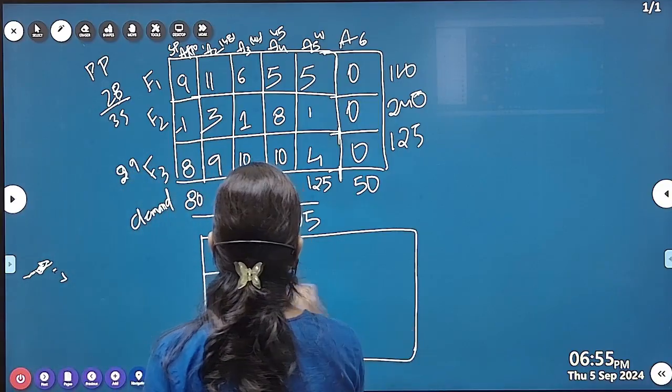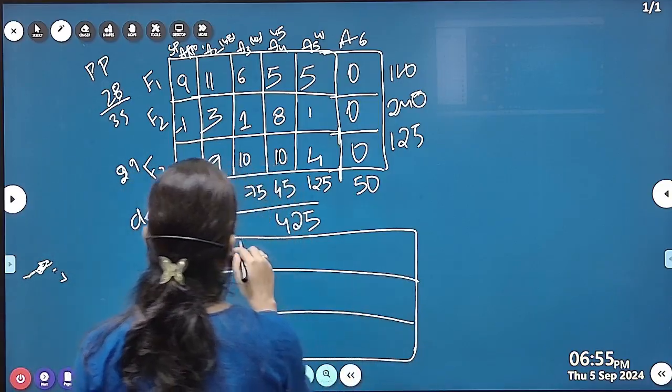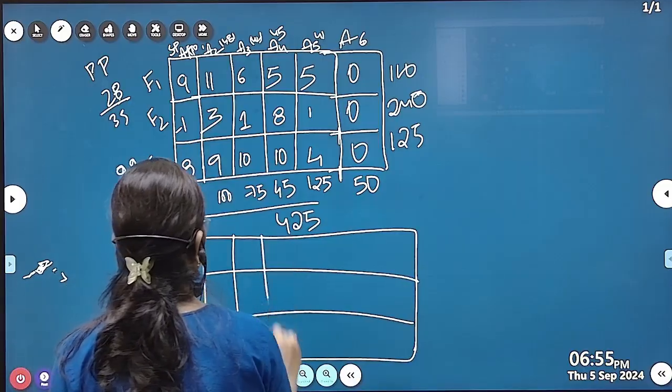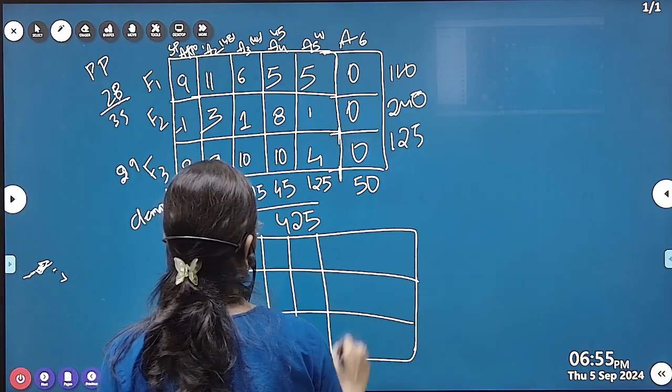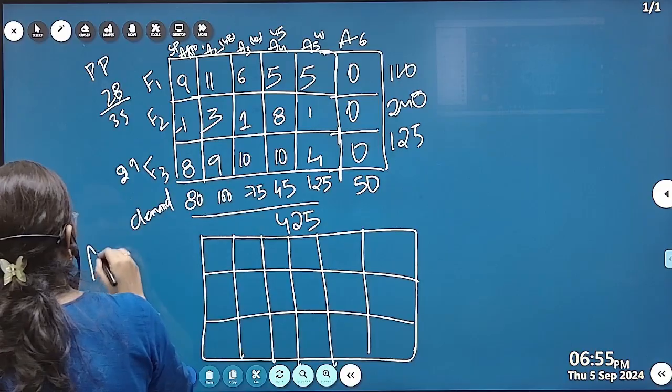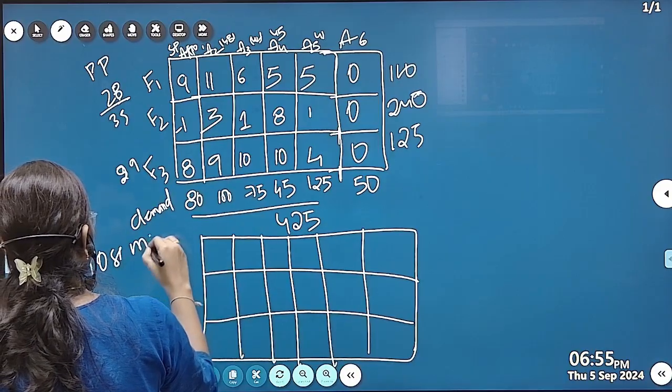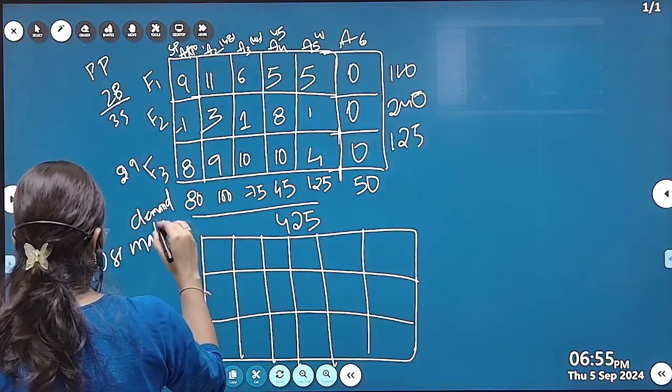It will be called a minimization matrix or loss making matrix.